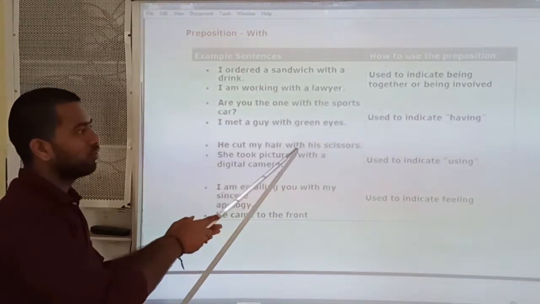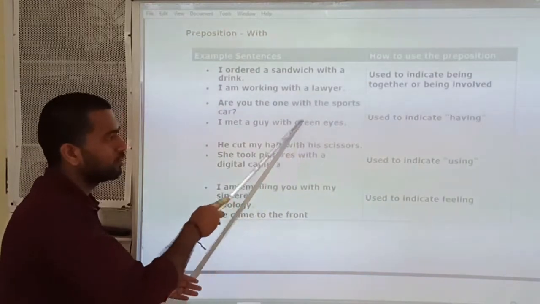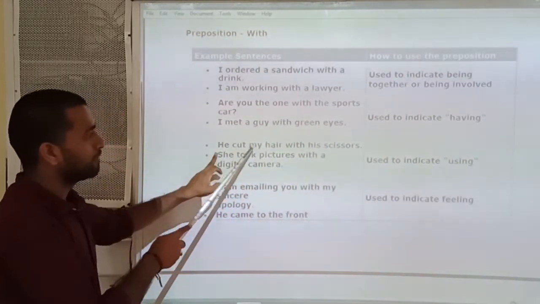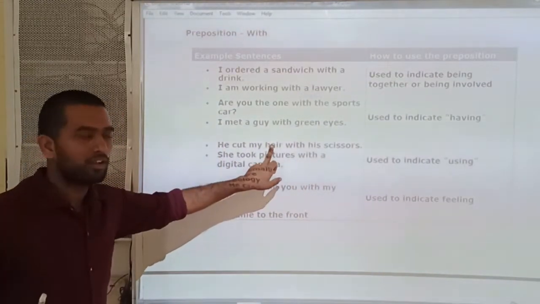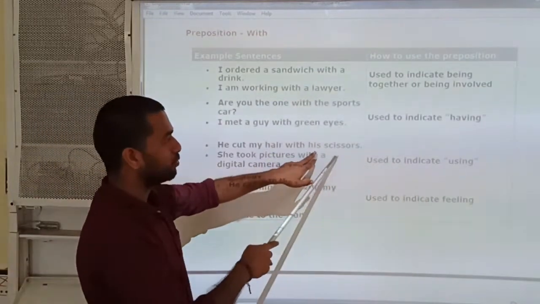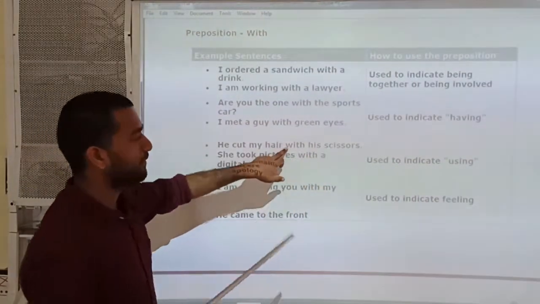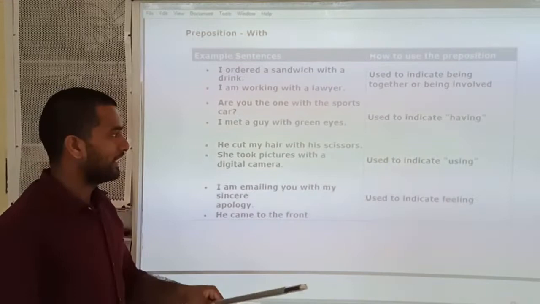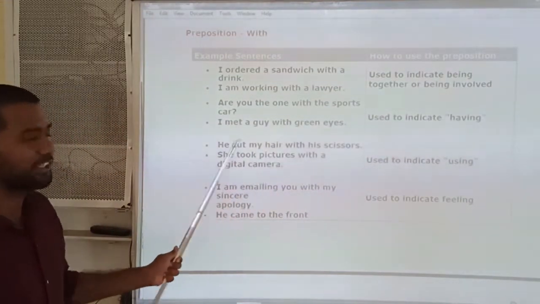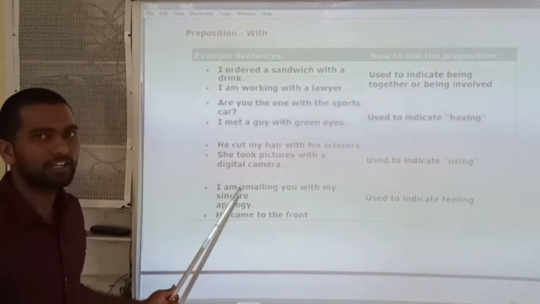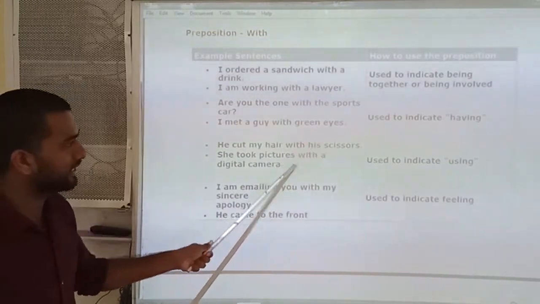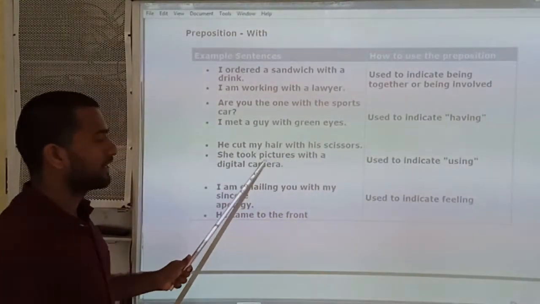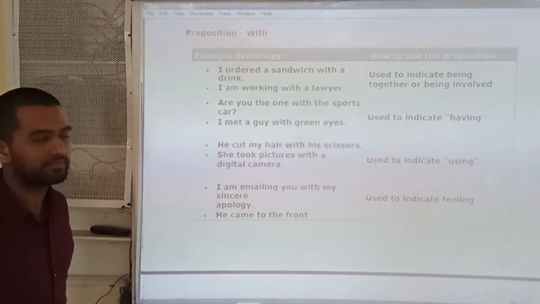"He cut my hair with his scissors" means by using scissors he cut my hair. So when we are using something, we use the preposition with. Next example: she took pictures with a digital camera. So by using a digital camera, she took the pictures.